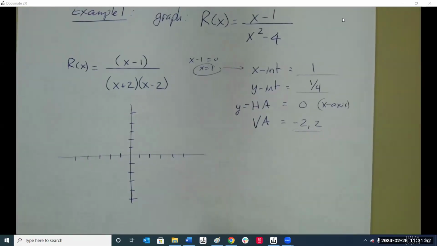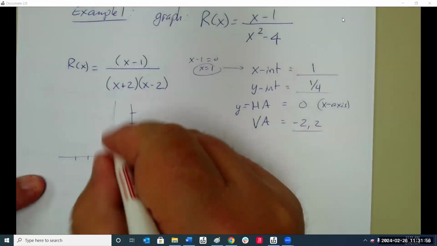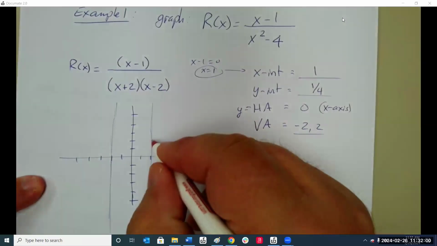All right. So we have our vertical asymptotes at -2 and +2.